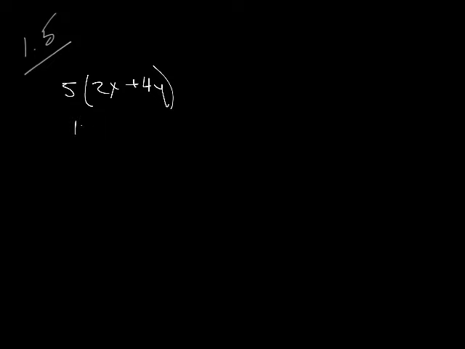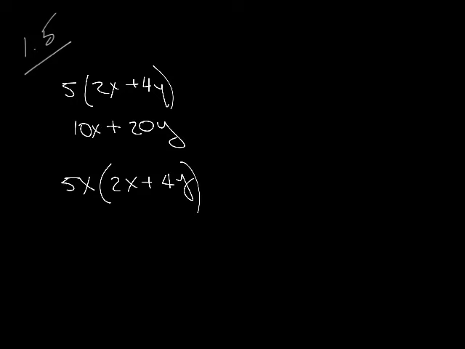Again, 5 times 2x is 10x. 5 times 4y is 20y. Okay, so again, you don't do anything with the x's and the y's. You just stick them on there. Later on, we may have something like 5x times 2x plus 4y, and then you'll do something different. But at this point, we'll just not worry about that.